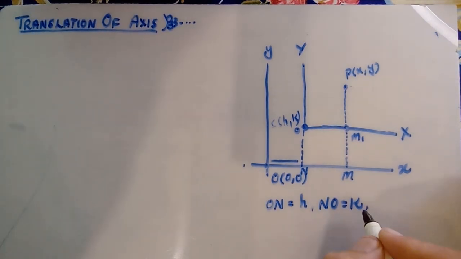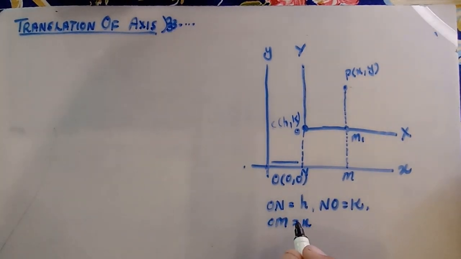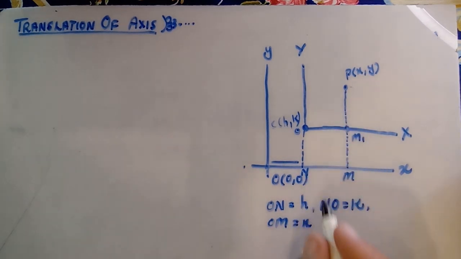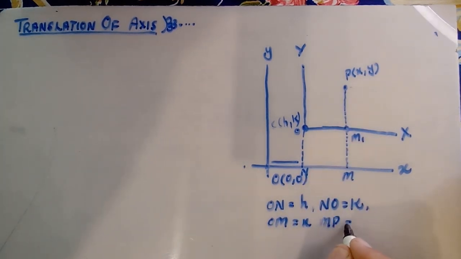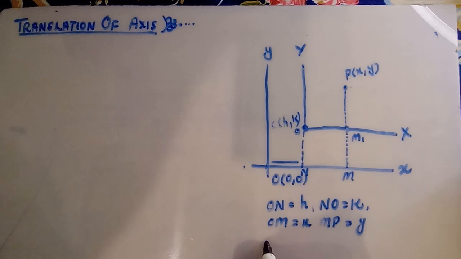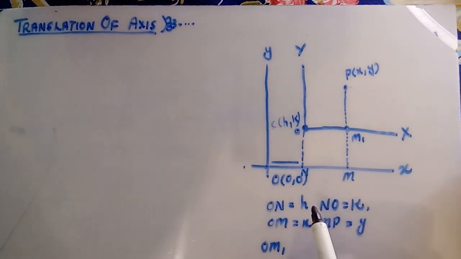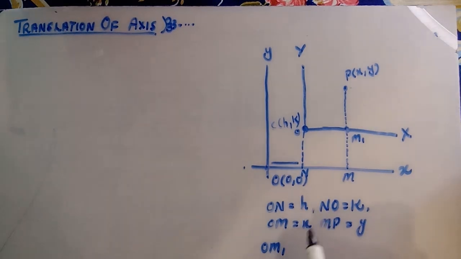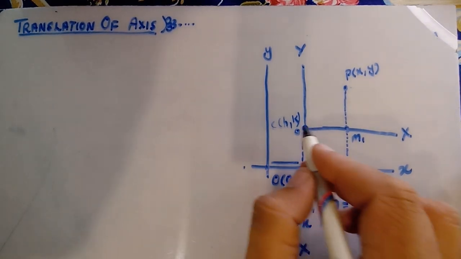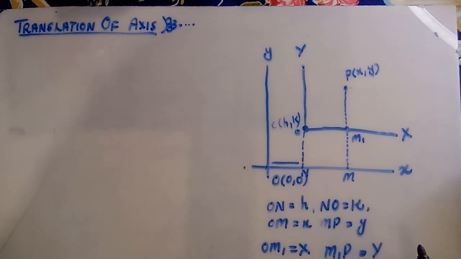OM will be equal to x, from O to M, this is the old x, and MP will be equal to y. Also, O'M1 will be equal to X of the new coordinate axis, and M1P will be equal to Y of the new coordinate axis.